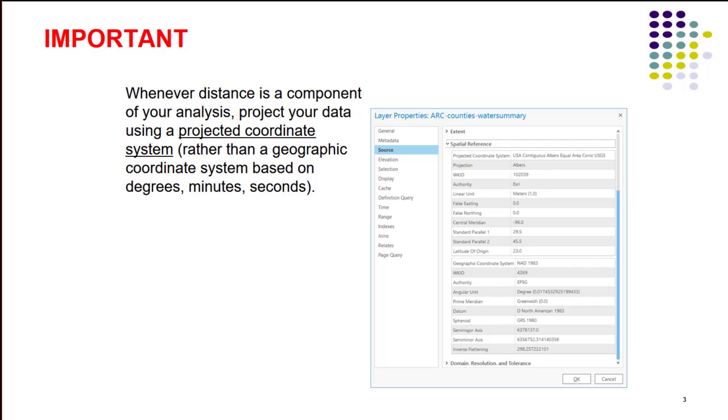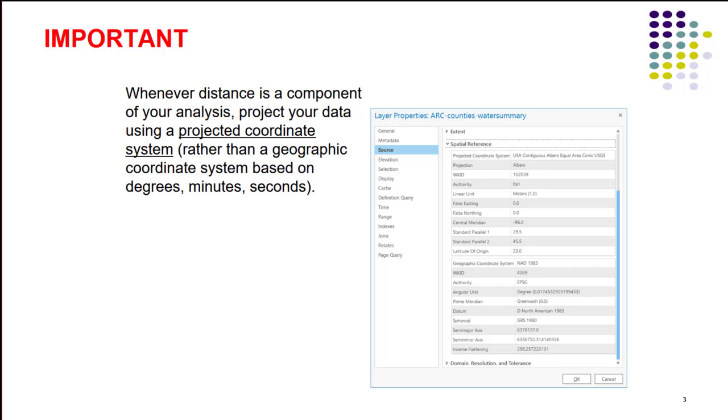The projected data we're using most of the time for West Virginia is in UTMs, Universal Transverse Mercator, but for other parts of the country it might be very different. And even in the Northeast, for some of these larger data sets like the one we're going to use today, the Albers equal area conic is a good projection that's often used.